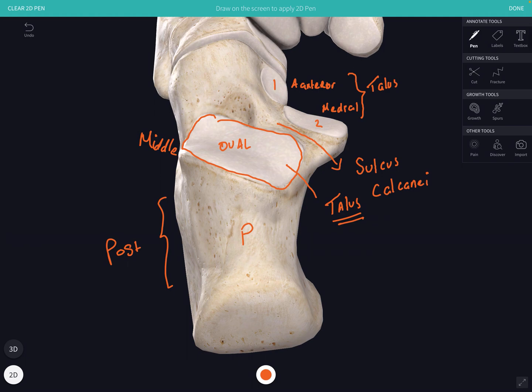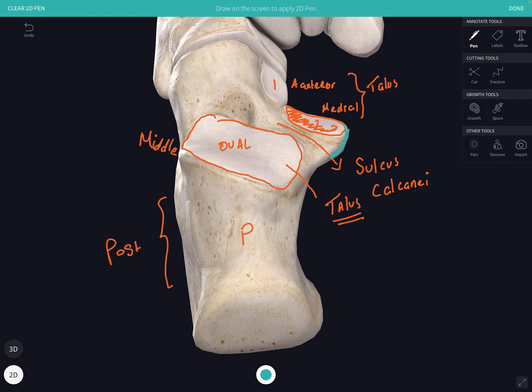Now, the most medial articular surface, this one here, actually sits on top of a prominent bony eminence from the calcaneum, and that's this bony eminence here. Let's change our colour, for example.